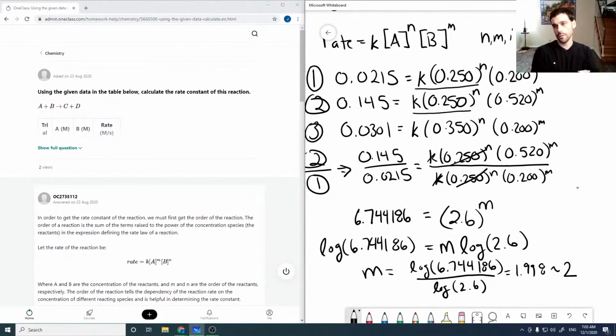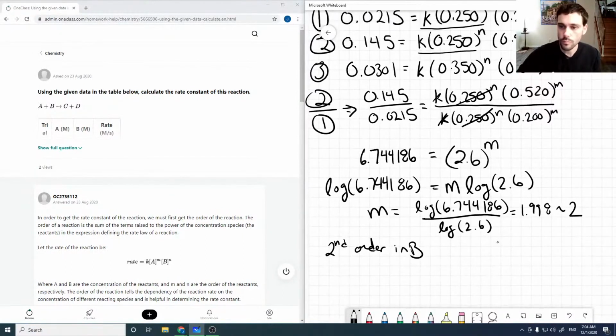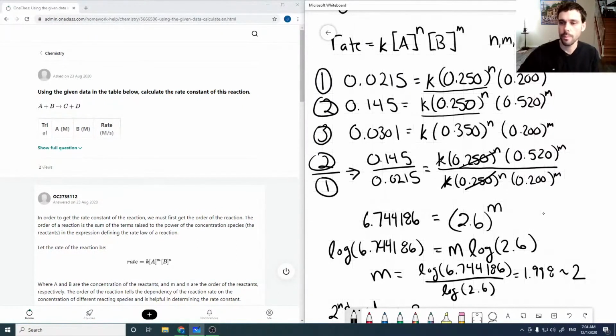So for the orders, I would say we would always want to round to the nearest integer value. And so it looks like we're second order in B. Okay, so we're second order in B. Okay, so now for our next equation, to solve for N, we would play the same game.